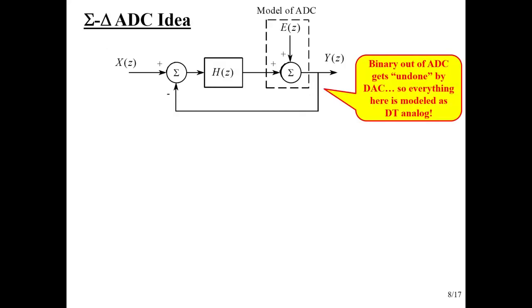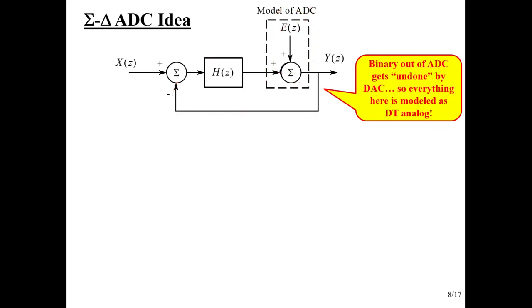So I've left off the anti-aliasing filter because we're not interested in that. Here's our H of Z. Here's my model of the A to D converter, and then this feedback path just goes straight back. So the DAC doesn't really do anything, just undoes the binary conversion out of the A to D converter. Now, the noise is still on there, but that's how this thing works. And then this thing goes on, and I'm not analyzing the filter and the decimation.